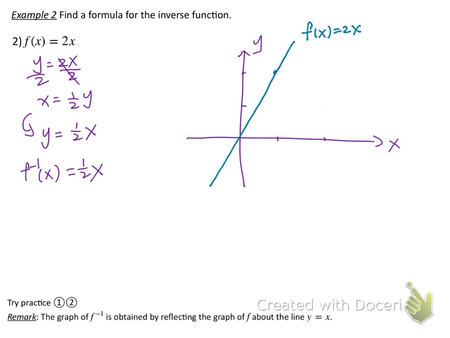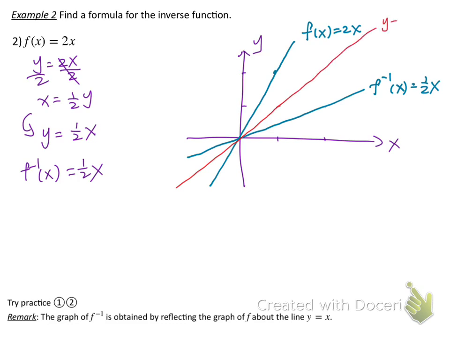And f inverse of x equals 1/2 x is here. And what I want to show you is that these two lines are actually symmetric with respect to y equals x.